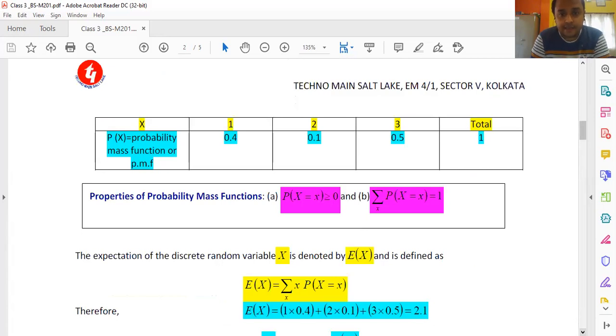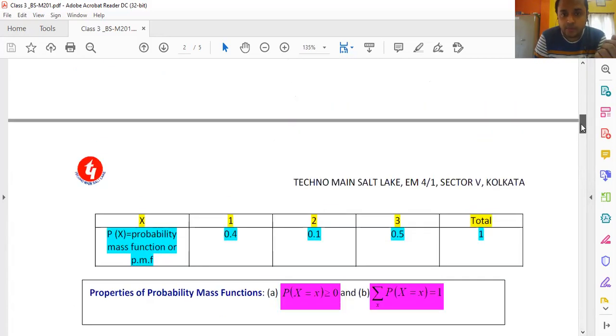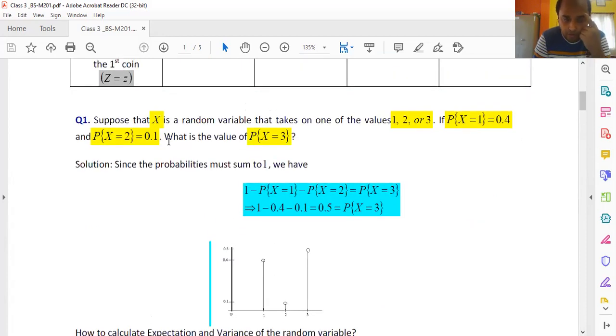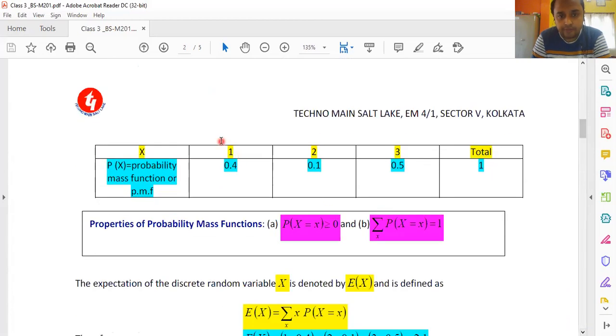Now you see that I have considered here the problem which I have just now solved, question number 1. In question number 1, we have the values x equal to 1, 2, and 3, and the probabilities are given. So I have considered this chart and put it in the form of a table. This table is called the probability distribution or probability chart. So I have put the value of x, which is 1, 2, and 3, and the probability of this variable capital X for different values is 0.4, 0.1, 0.5.